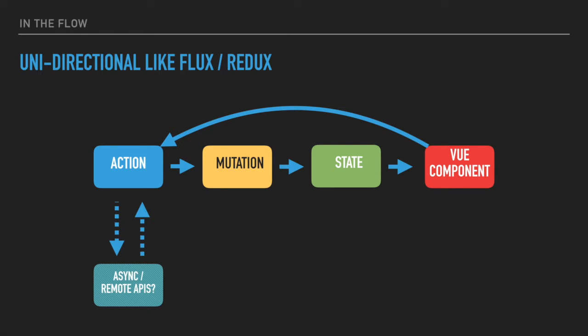You might, in your action method, dispatch a fetching mutation to say, oh, I've started to fetch, and then you go off with your, I don't know, fetch API, and that returns a promise, and in success of the promise you might dispatch a mutation saying new data with a payload with the new data in it, and if the promise fails, you might dispatch a fetch failed mutation, so the user is updated at every step. So this is where the async action happens.